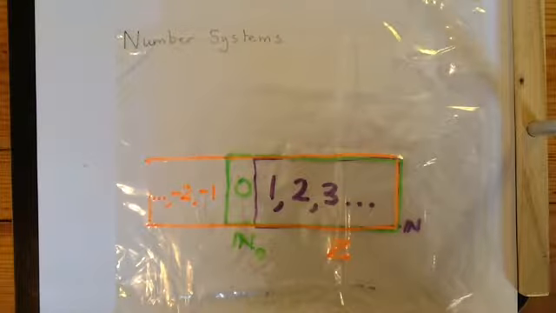And now we have our integers. And now we seem to be fine. If we add and subtract an integer, we'll get another integer. And if we multiply, we get another integer.